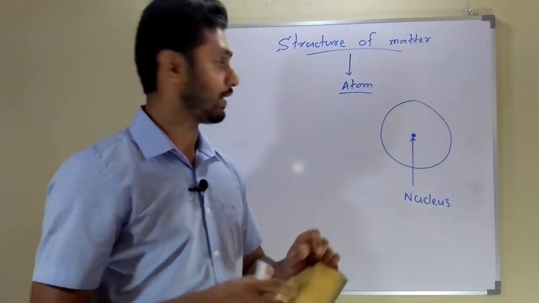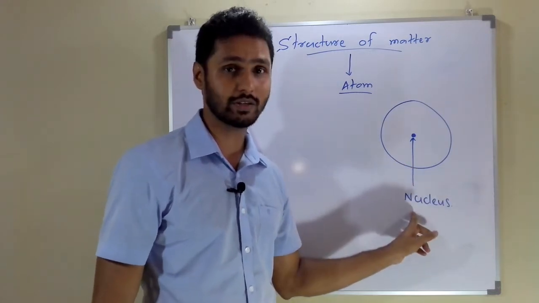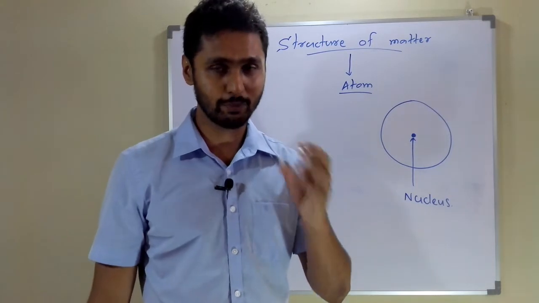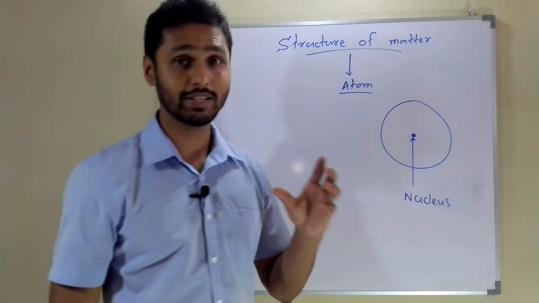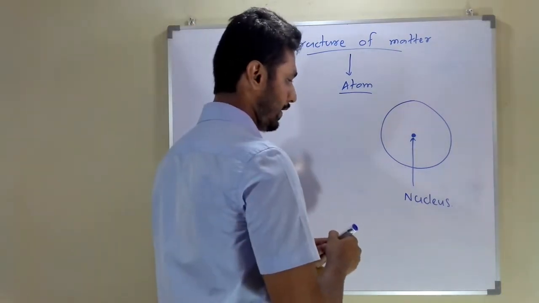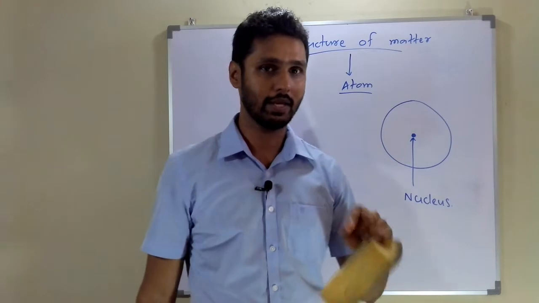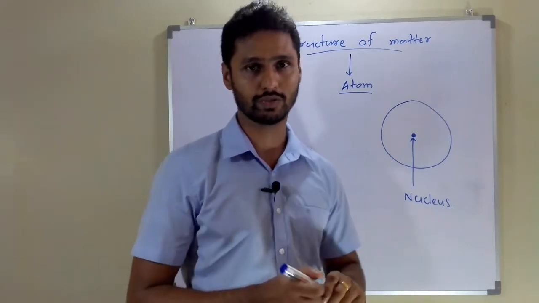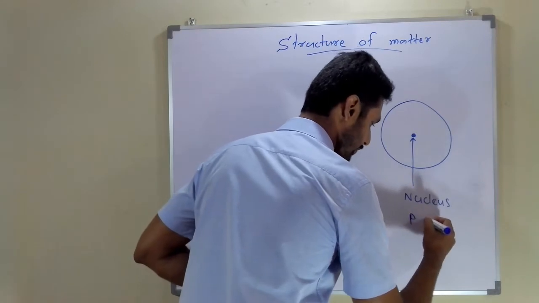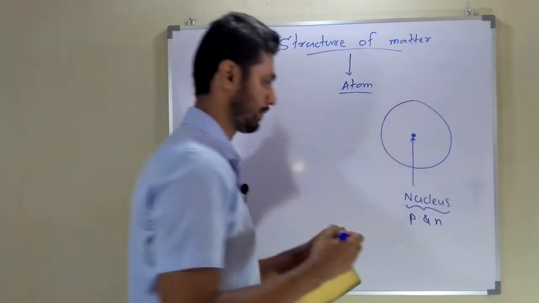So in an atom there is a nucleus, and this nucleus is very minute part compared to the size of the atom. So the subatomic particles, protons and neutrons are in this nucleus. Protons and neutrons are in nucleus.